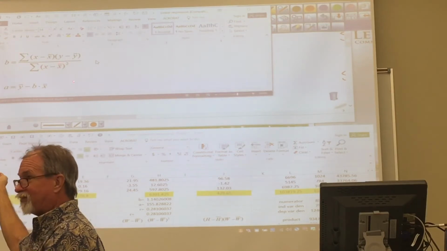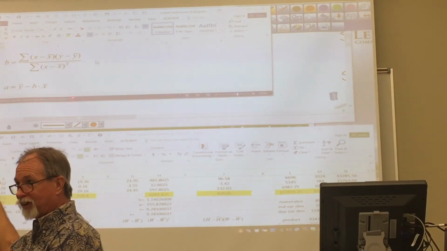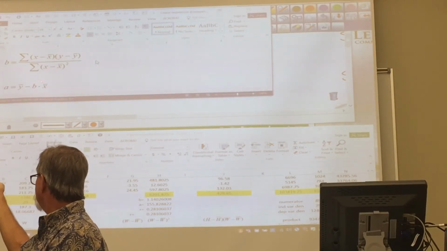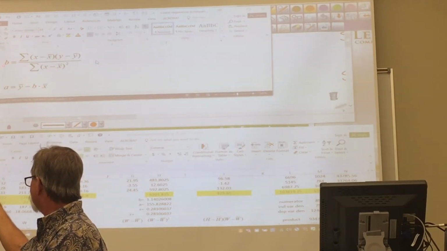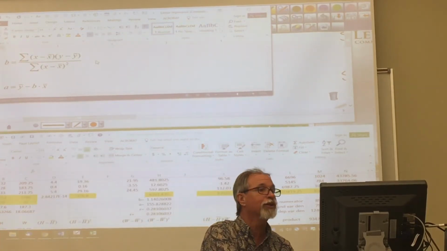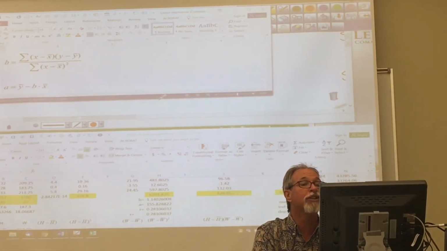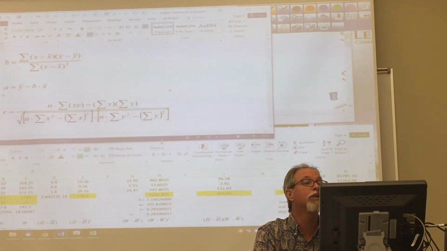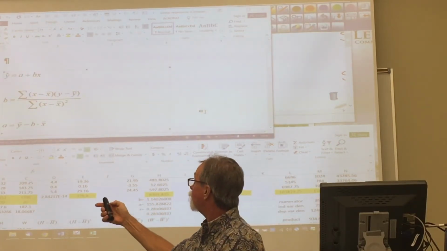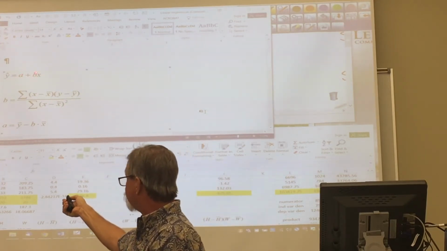So you gotta find the regression line before you can find R. Okay? So once you found this, this is your B, this is your A, and that gives you your regression equation: Y equals A plus BX.